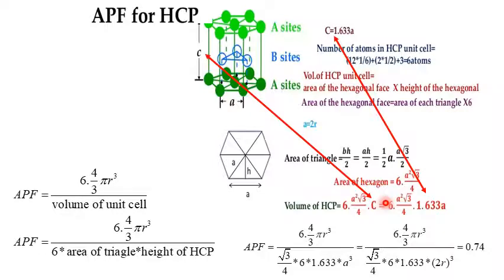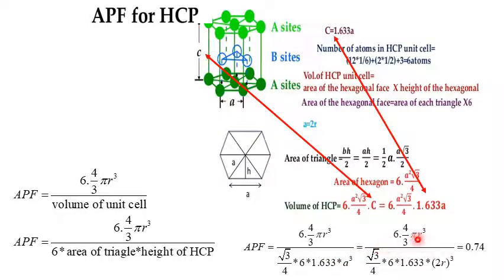Once you find the volume of the hexagon face, again taking the APF, we have 6 into 4 by 3 pi r cube, and the area of the hexagon, which we have found as 6 into A square root 3 divided by 4, into 1.633 A. So directly we have taken that as A cube.